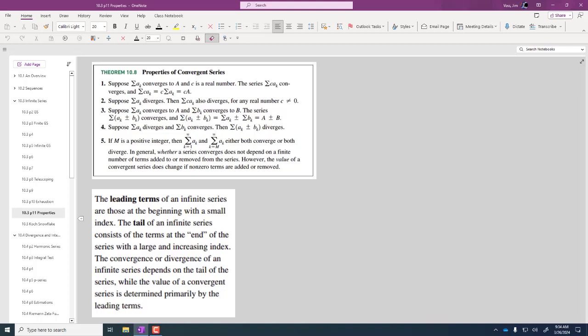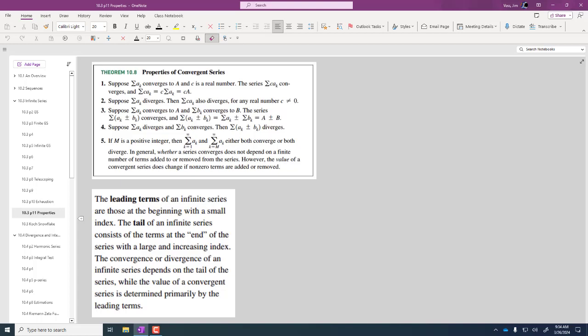If you have two sequences that converge and you add them, that new combo sequence converges to the sum of the original two convergent sequences. Same with series. If we have a series that converges, the a sub k series converges, and you multiply every term by a constant, you can factor the constant out. That's the standard factor constant out of a limit, a derivative, an integral, now a series. Constant can always be factored out.